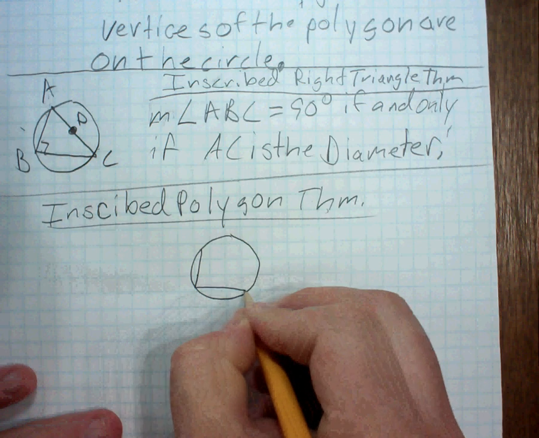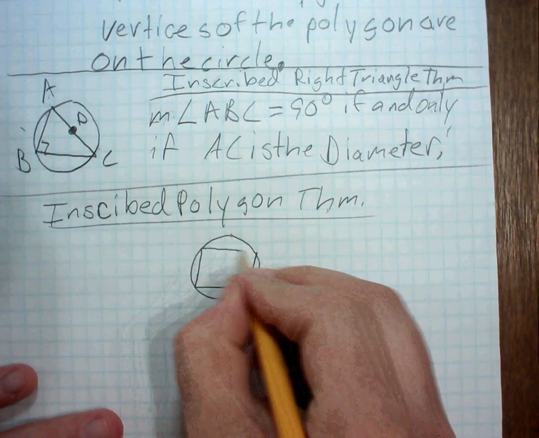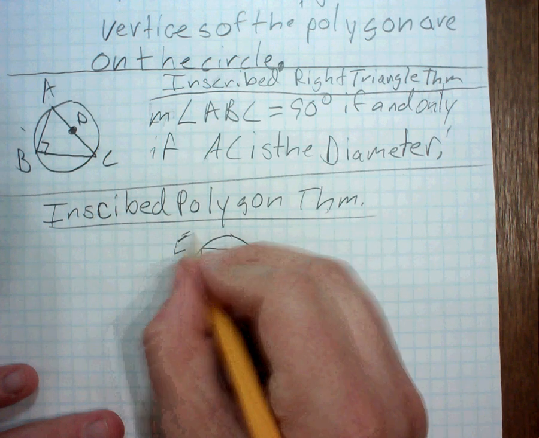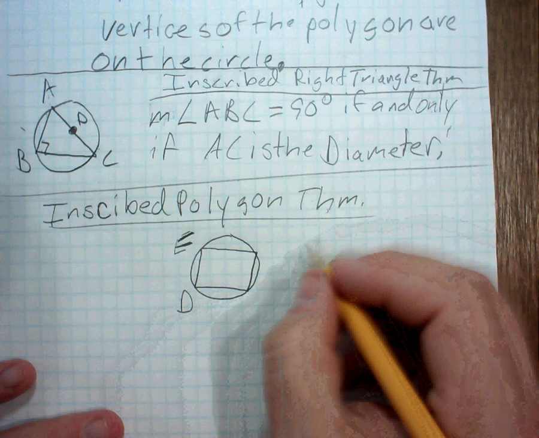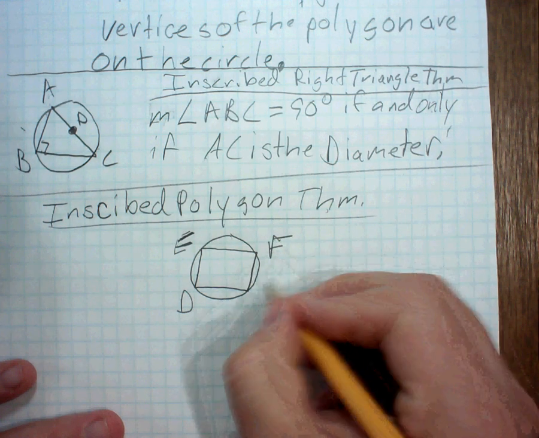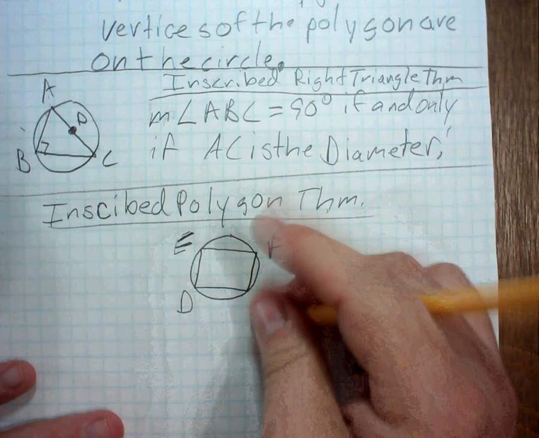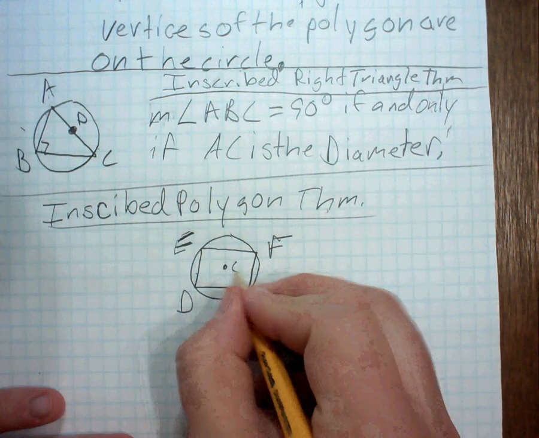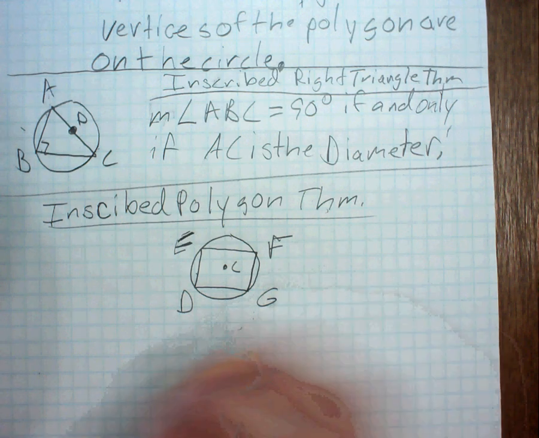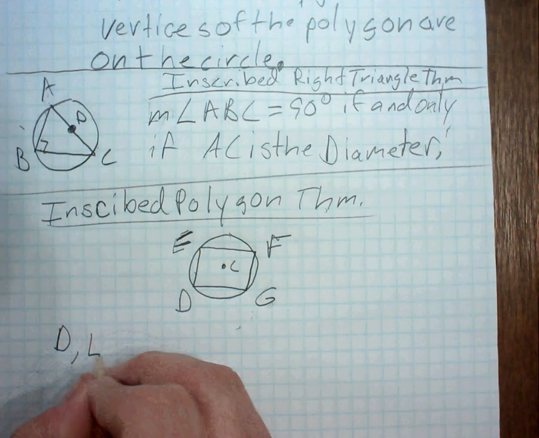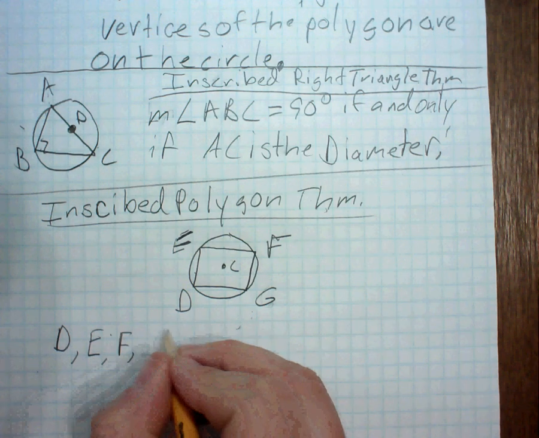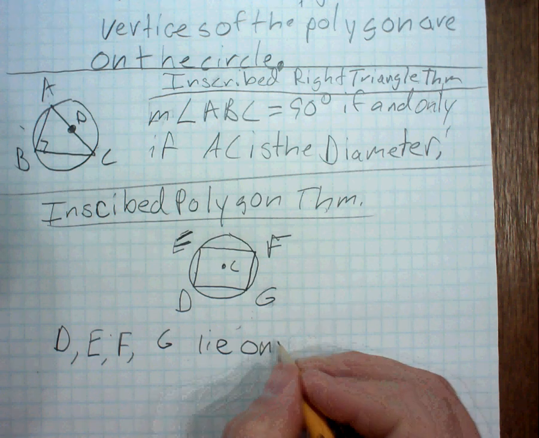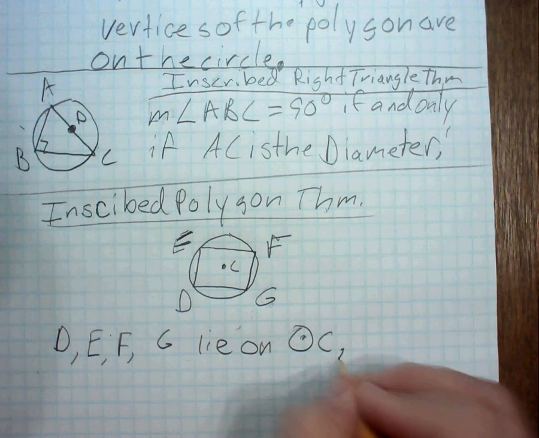But here we're just going to talk about quadrilaterals inscribed on a circle. So I have D, E, F, and G, and then the center of the circle is C. So now on this one, they're saying that D, E, F, and G lie on circle C. So that's the first qualifier.